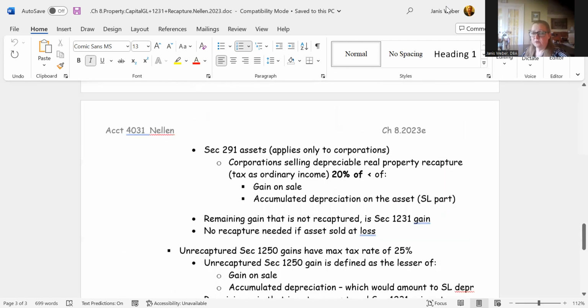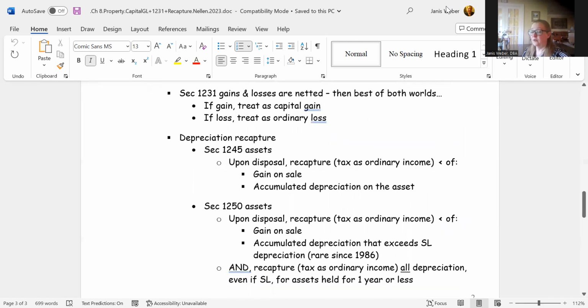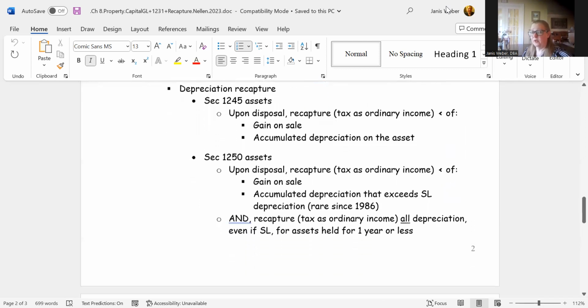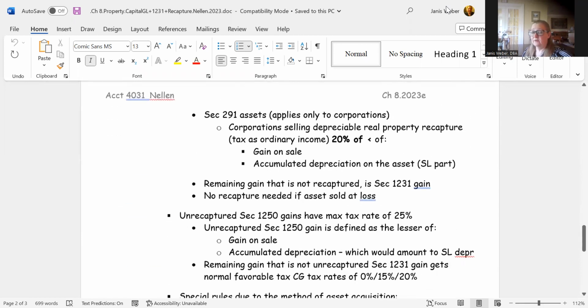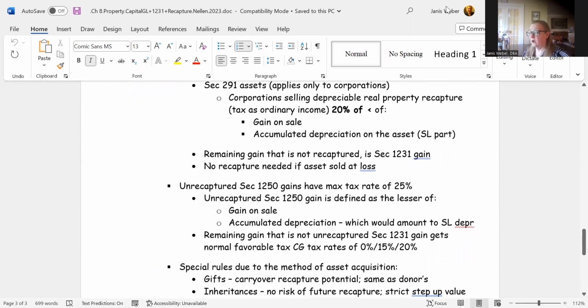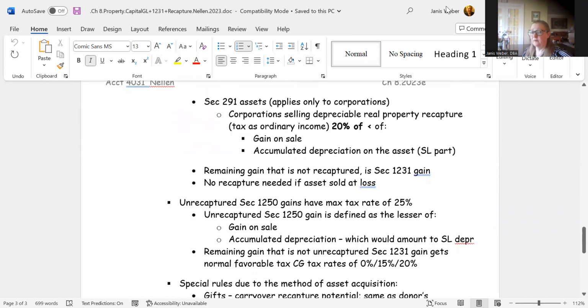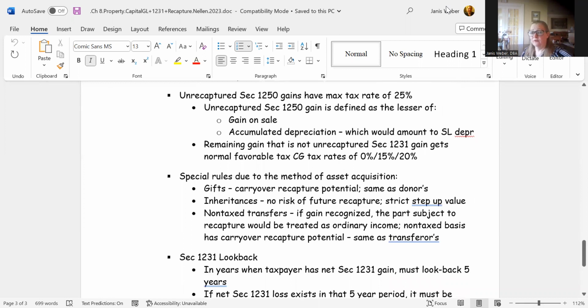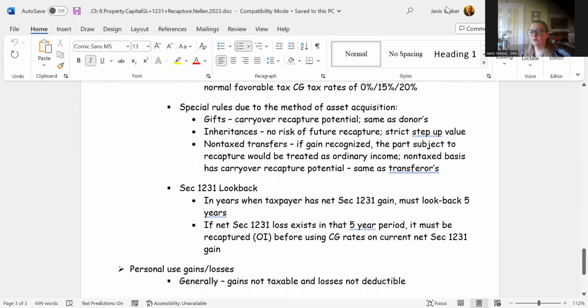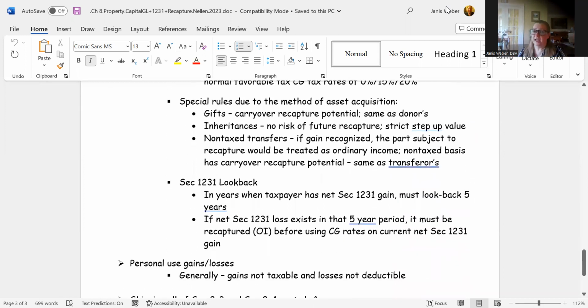So these recaptures we talked about: the straight line for the depreciation in full for 1245 property, the excess over straight line for 1250 property, even the real property recapture for corporations, and the unrecaptured 1250 gains, all those carryover provisions hold on with those assets when the assets are gifted.